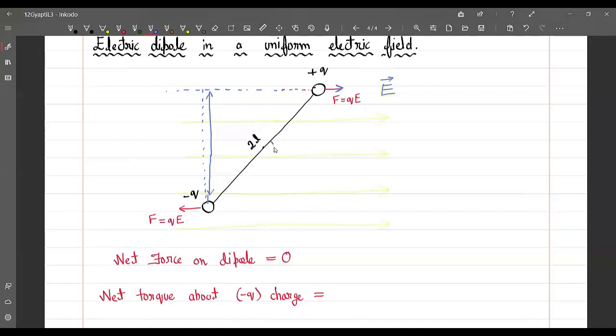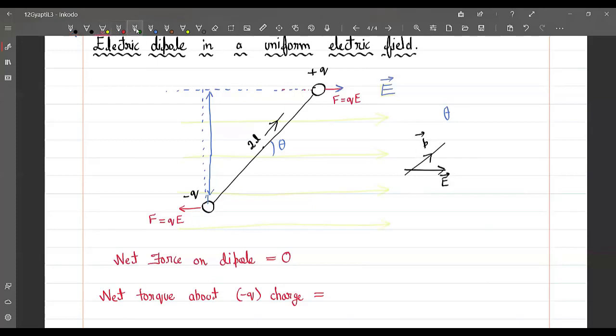Suppose the angle between the dipole moment and electric field is theta. The dipole moment is like this, and the electric field is like this. This is P vector and horizontal is E vector.